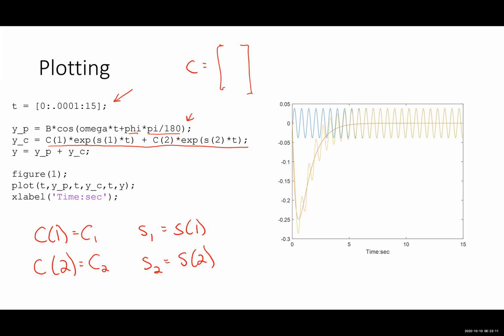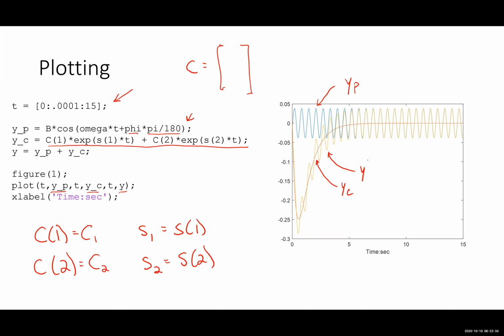Now, what I've done here is I plotted the particular solution, the transient solution, and the total solution all together. So hopefully you can see which one is which. The red one here is y sub c. The blue one is y sub p. All right, and the total is the sum of them.